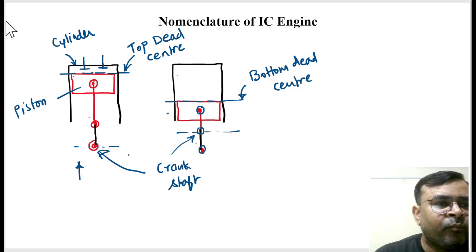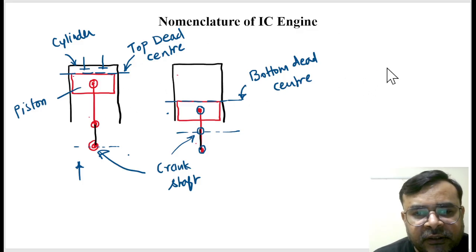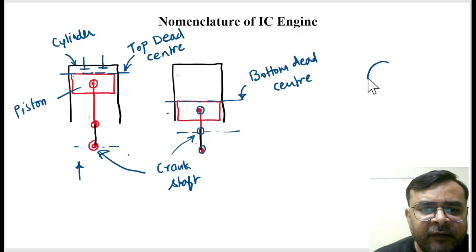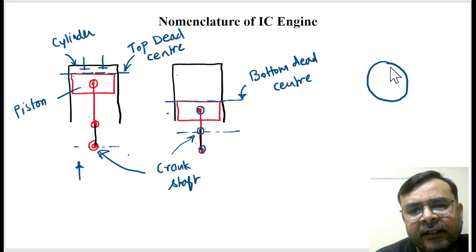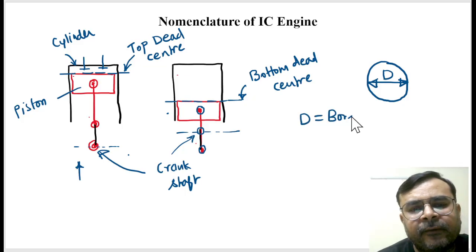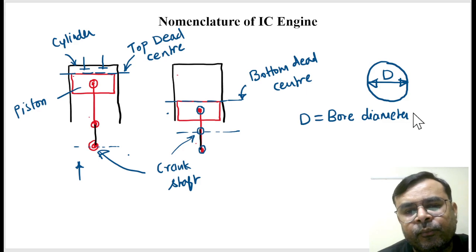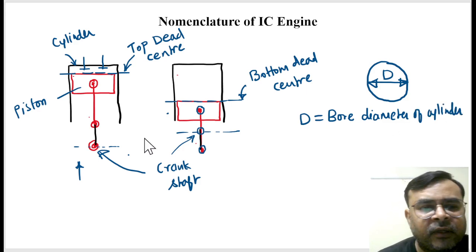And similarly, if I draw the cross-sectional view of the piston cylinder, and talk about the cylinder especially, it looks like this. Is it right? This D is called the bore diameter of the cylinder, correct?